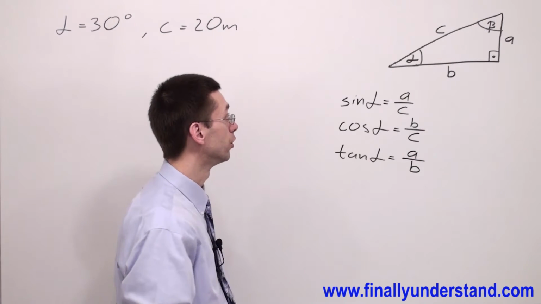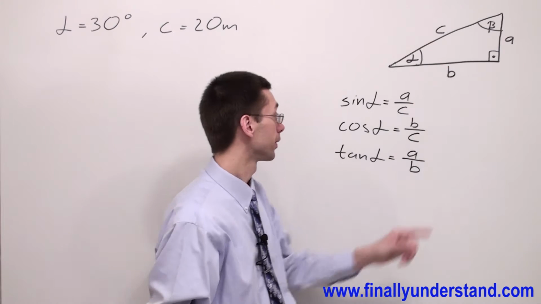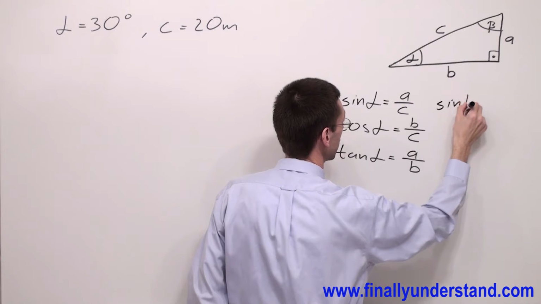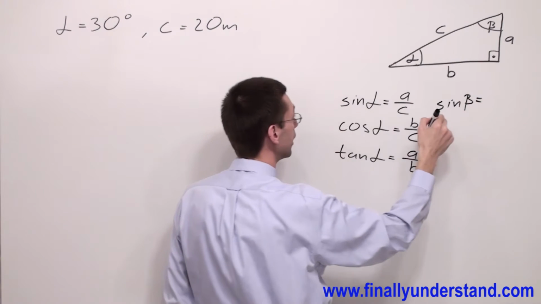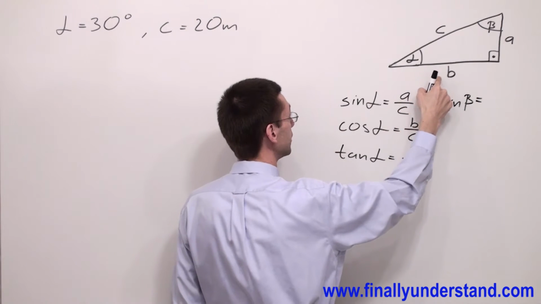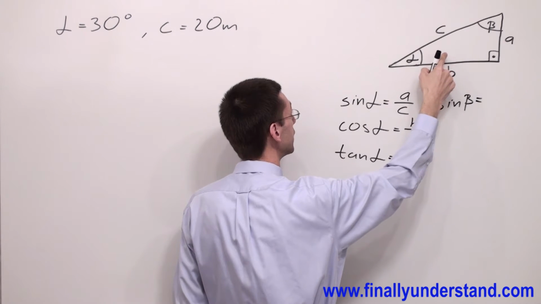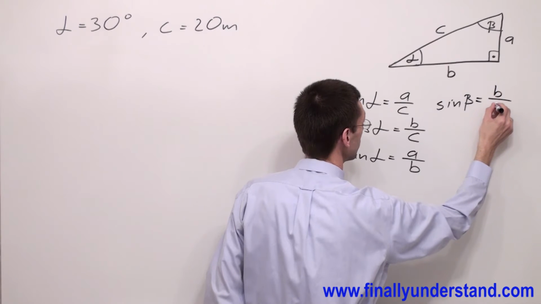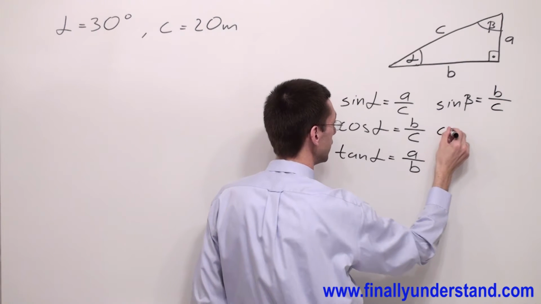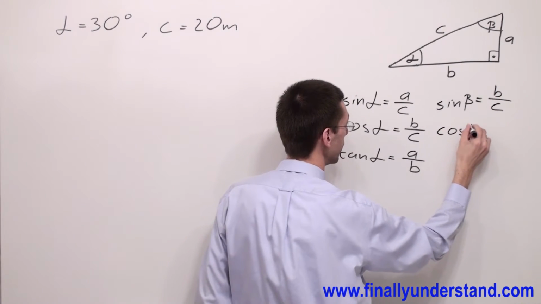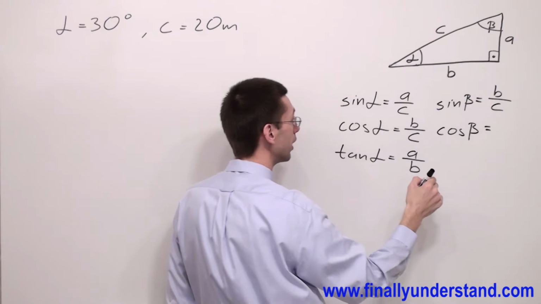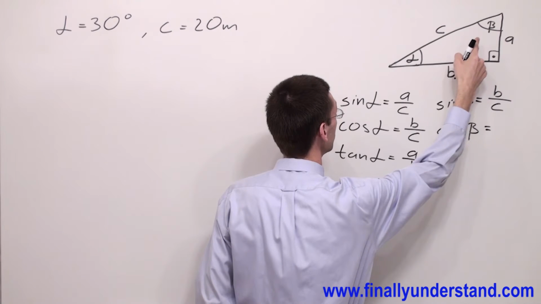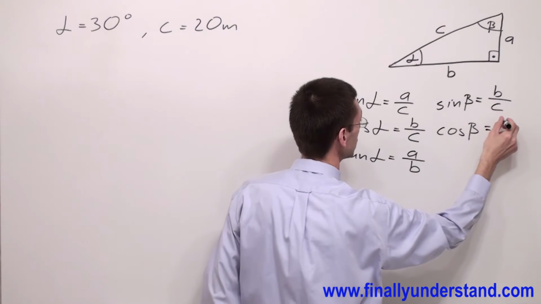If we are going to look at angle beta, we are going to have sine of angle beta is equal to the opposite side to that angle over the hypotenuse. So I have B over C. Cosine of angle beta is equal to the adjacent side to this angle, I mean angle beta, over the hypotenuse.